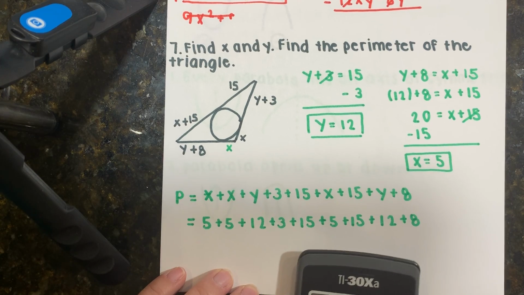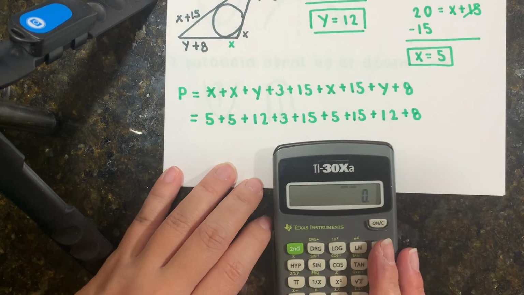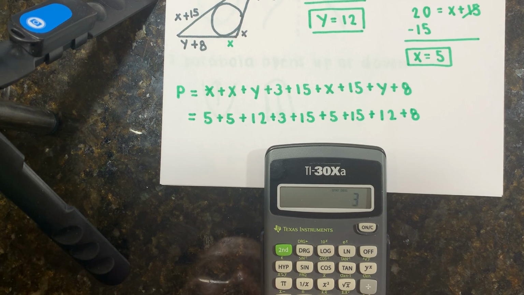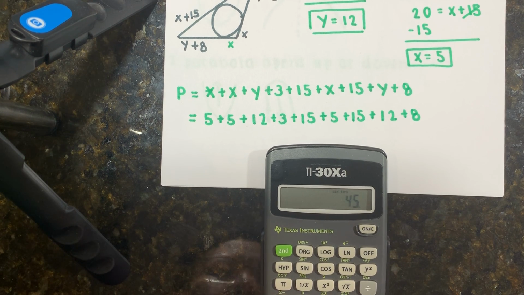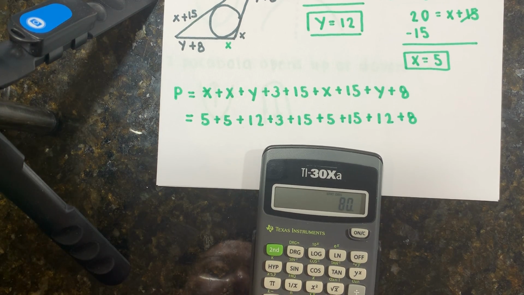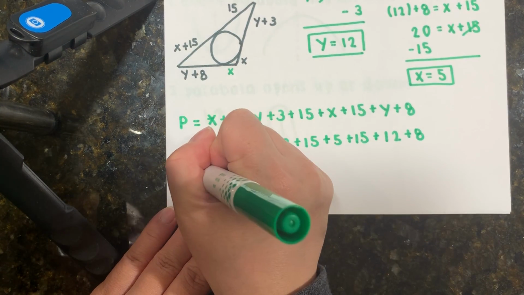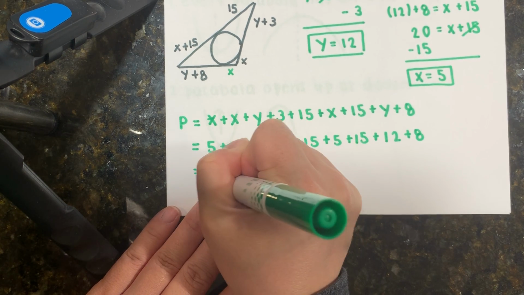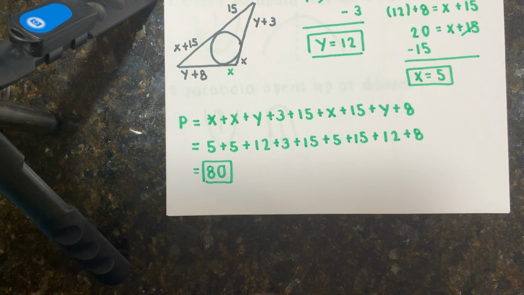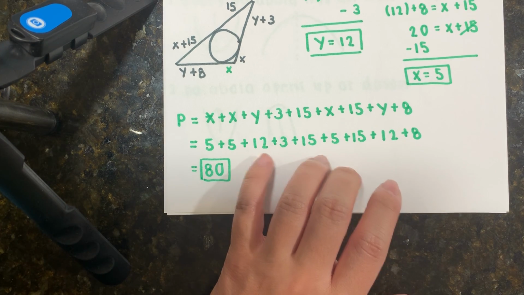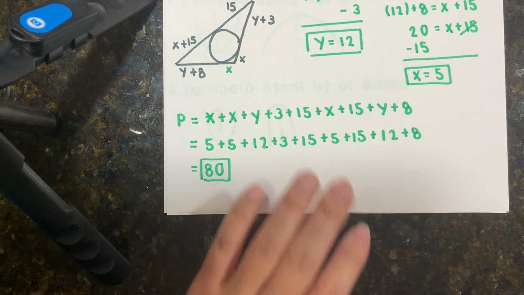So now using your calculator, you can just add all those together: 5 plus 5 plus 12 plus 3 plus 15 plus 5 plus 15 plus 12 plus 8 gives me 80. And that's your result for number 7.